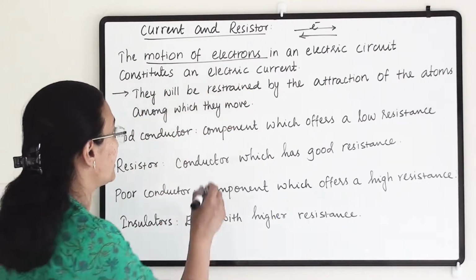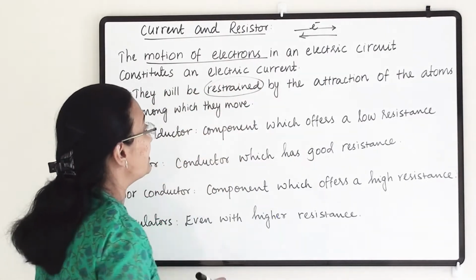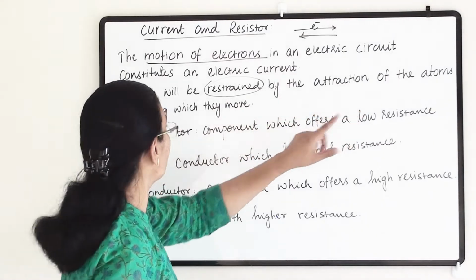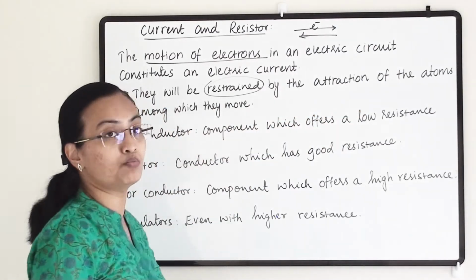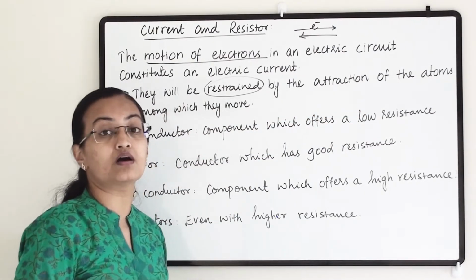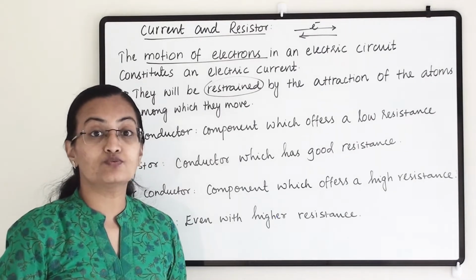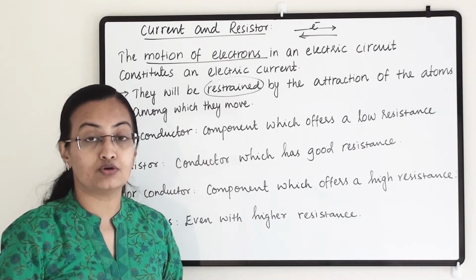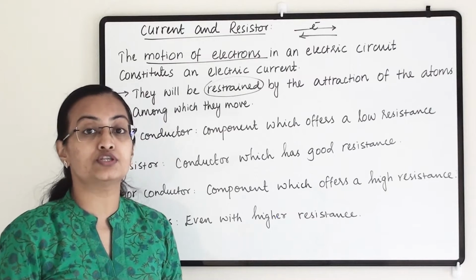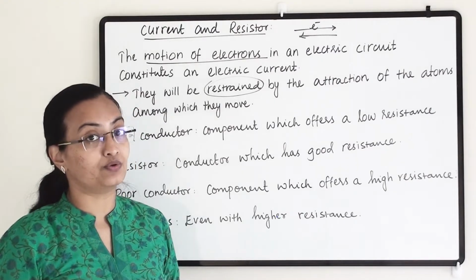They will be restrained. This is important, that they will be restrained by the attraction of the atoms among which they move. We know that current will pass with the help of the ions. Whatever positive or negative ions are there on the surface of the conductor or the metal will help electricity to pass through that particular conductor.